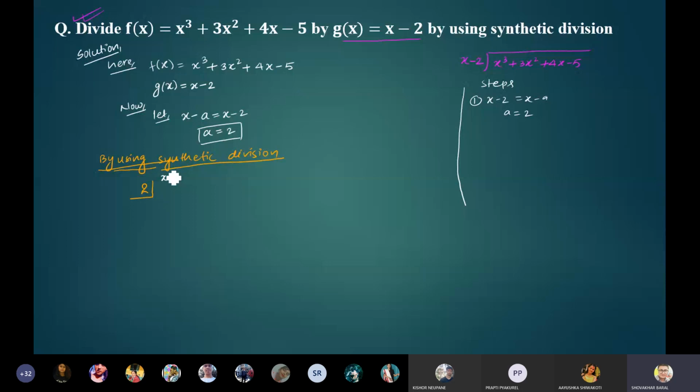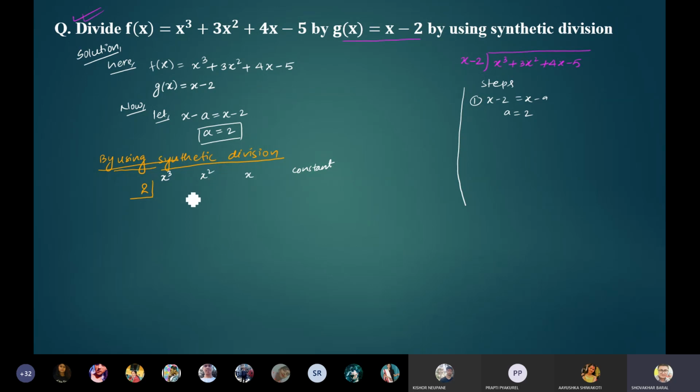Our highest variable is x cube, the second is x square, the third is x, and the last one will always be the constant. Even if some terms are missing in the polynomial, you must write the terms in decreasing order. Suppose there is no 3x square here, you still must write the x square place.